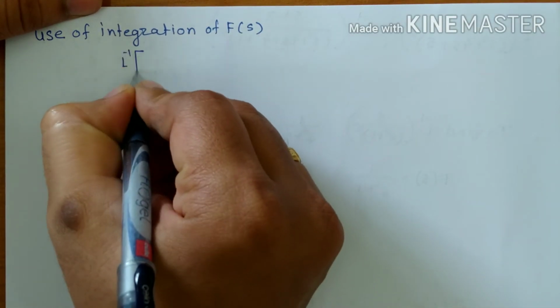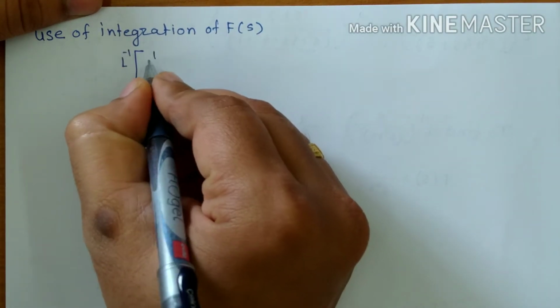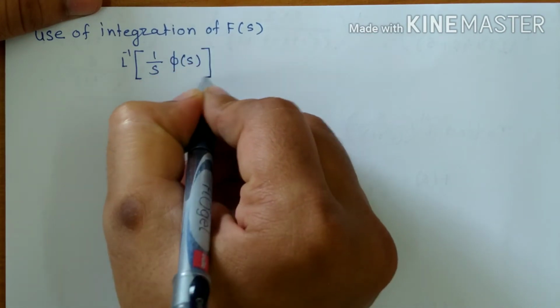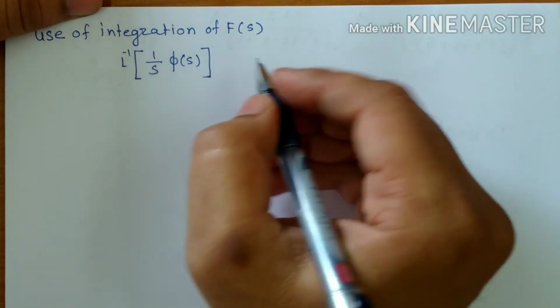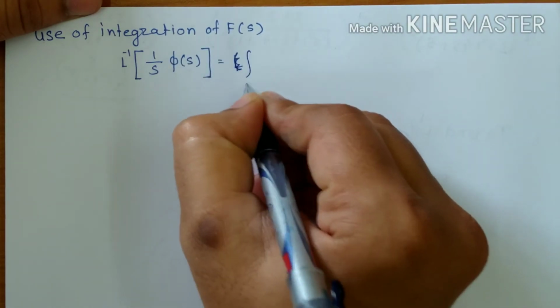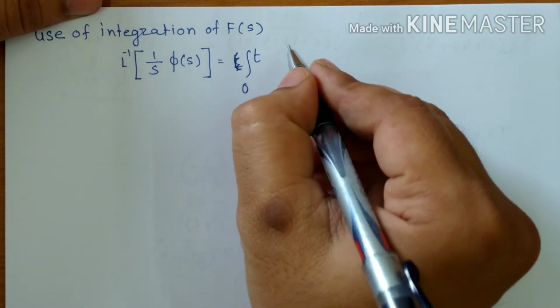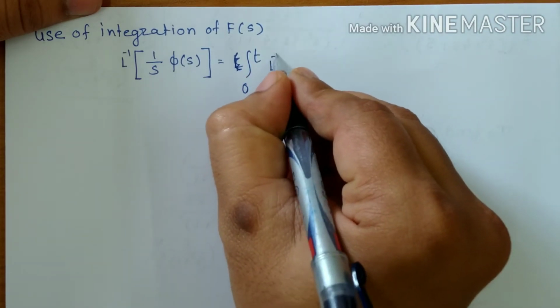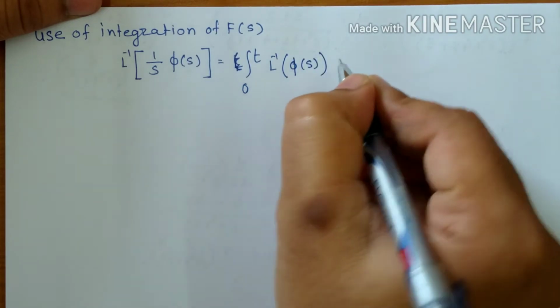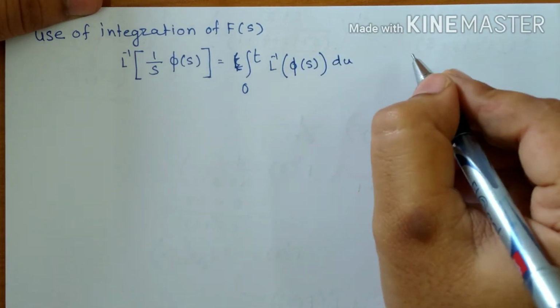The L inverse of 1 upon s into phi of s is equal to integration from 0 to t, L inverse of phi of s, integration with respect to u.